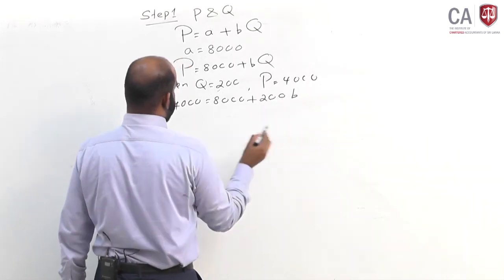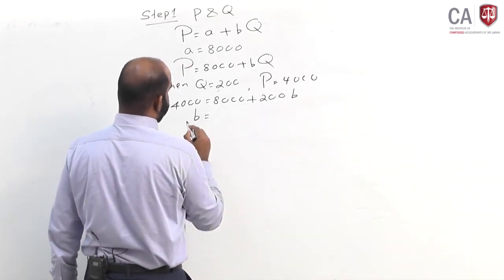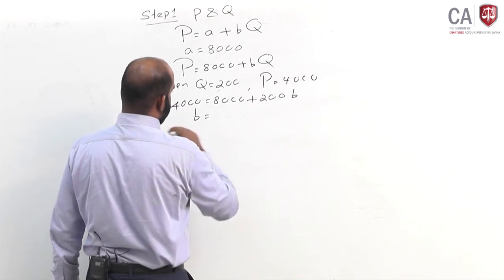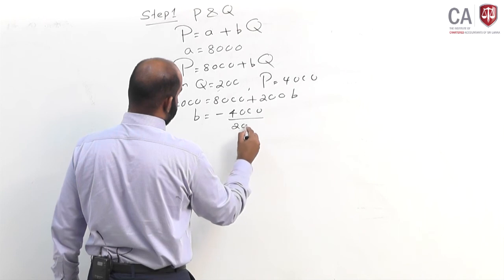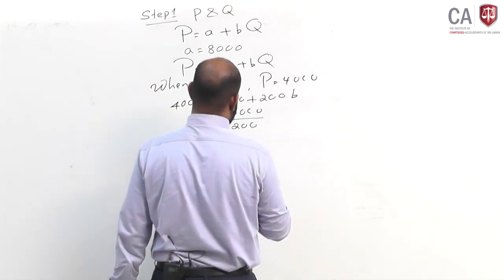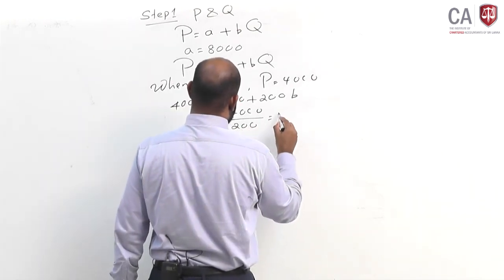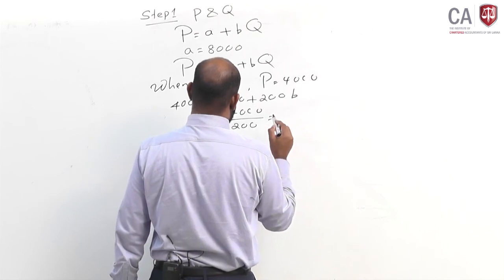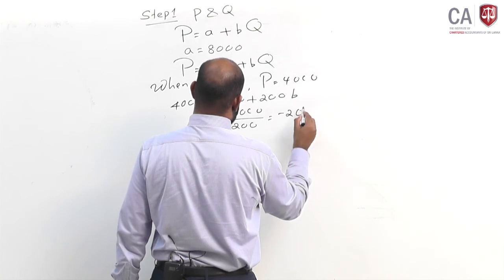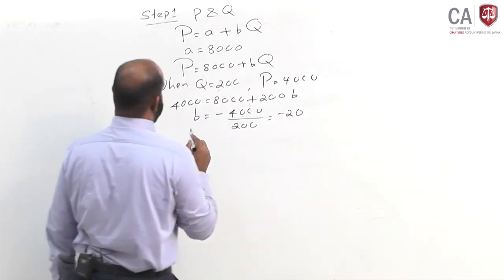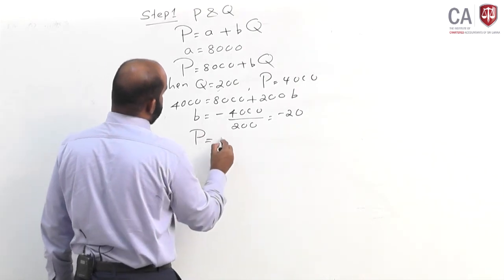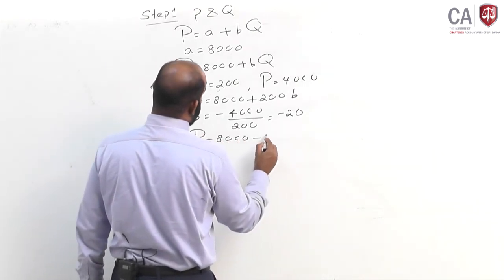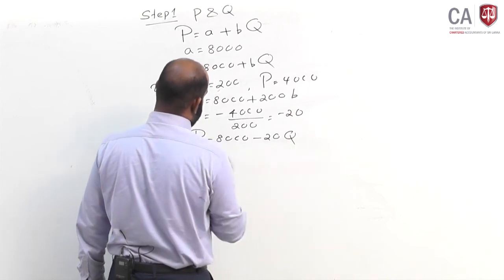From that you should be able to find B. That is minus 20. So that equation becomes P equals 8000 minus 20Q.